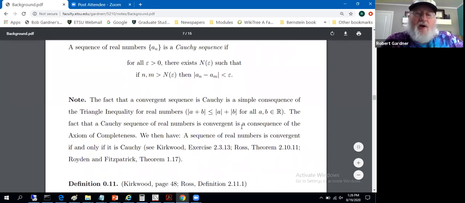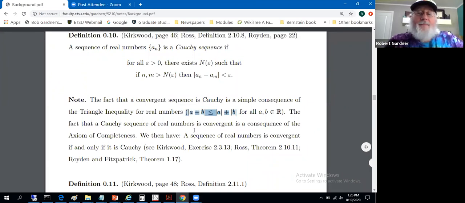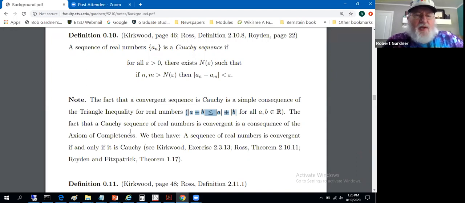It's easy to show that a convergent sequence is Cauchy. All you need is a triangle inequality. Here's a triangle inequality in the setting of real numbers. But the converse of that's quite challenging. The fact that a Cauchy sequence of real numbers is convergent, so here's a theorem for you. A Cauchy sequence of real numbers is convergent, but that's complicated. It requires the axiom of completeness. So the proof of that claim is a little bit more substantial.